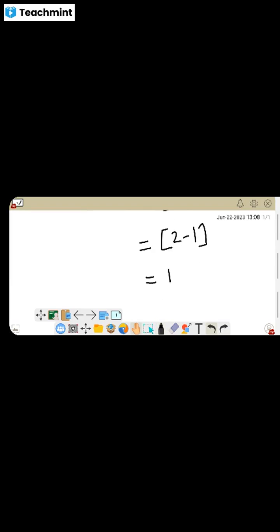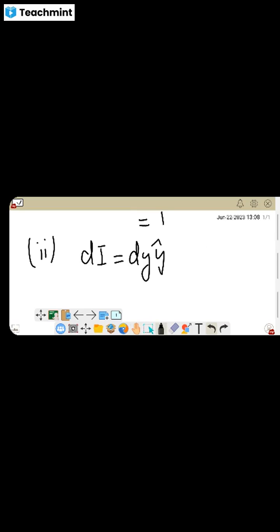Now change the position and stretch along the y-axis, or you can say the vertical line. Here dl we will take as dy into y cap, and now the position is changed.